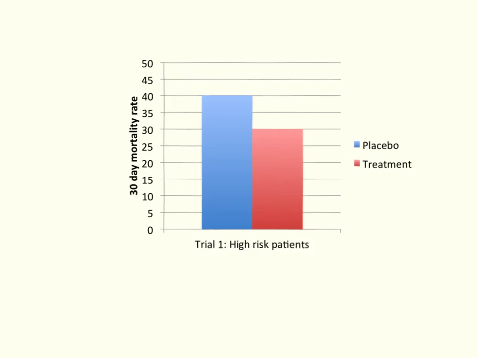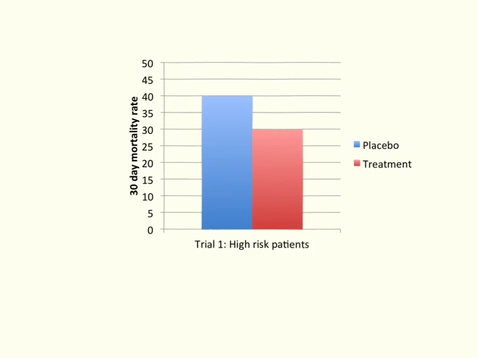So as you know, a mortality rate is a measure of incidence, and so these bars are measures of incidence for each of the groups, so incidence of mortality in each of the groups. As we know, incidence is the number of cases over the number of people at risk for the outcome. So this blue bar is an incidence of mortality of 40.